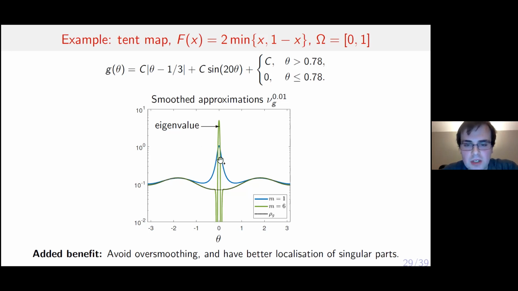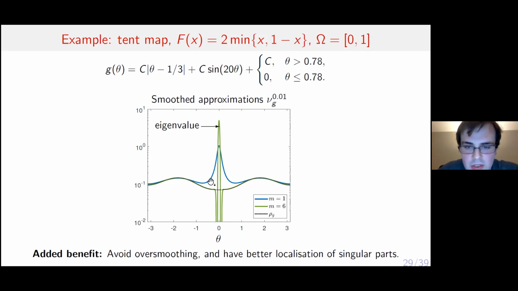This shows the smooth approximations. So let me just explain a bit about this example. There's an eigenvalue at 0, which in fact corresponds to just the observable 1. Okay, so that happens a lot when you study Koopman operators. And you also have an absolutely continuous spectral component as well with this density function.